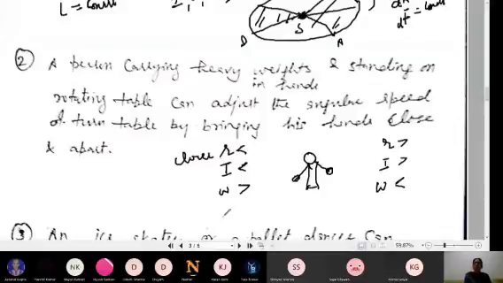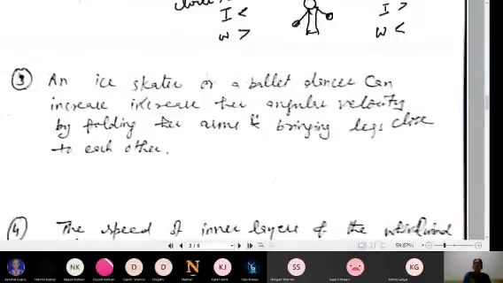So once angular momentum conservation is clear, you can explain many examples. Similar to this, an ice skater or a ballet dancer can increase her angular speed by folding her arms and bringing her legs close to each other, because I1 omega 1 equals I2 omega 2.